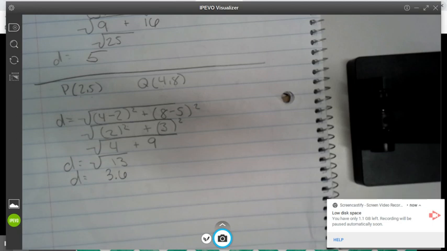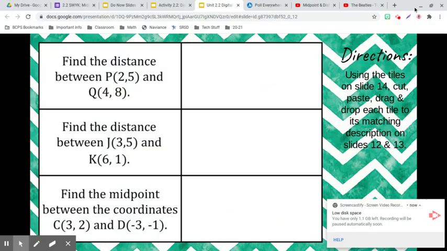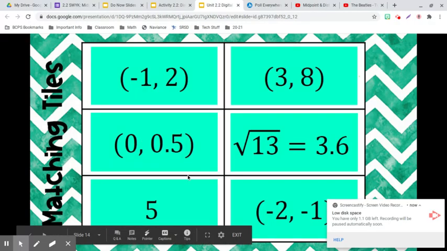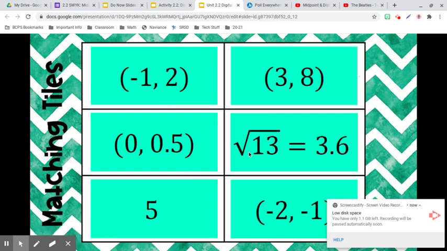So you'll go back into your notes. We'll go to our answers, our matching tiles, and we just so happen to have a square root of 13 or 3.6, and we're going to put that over into our tile.